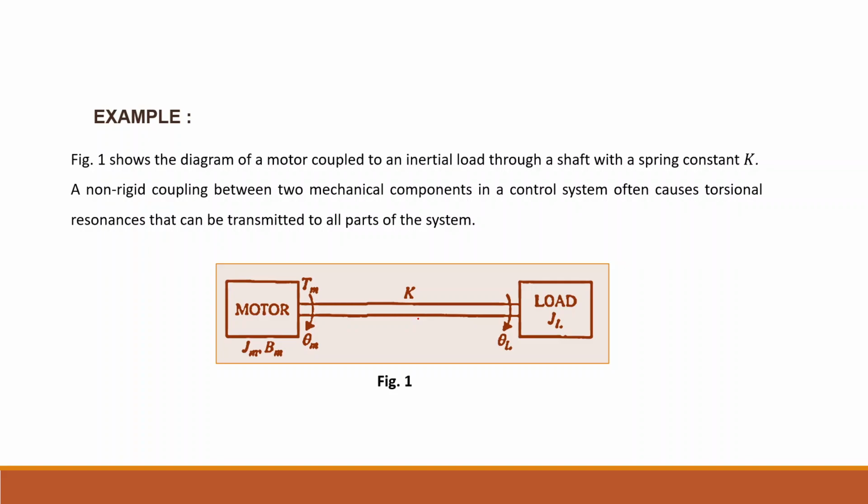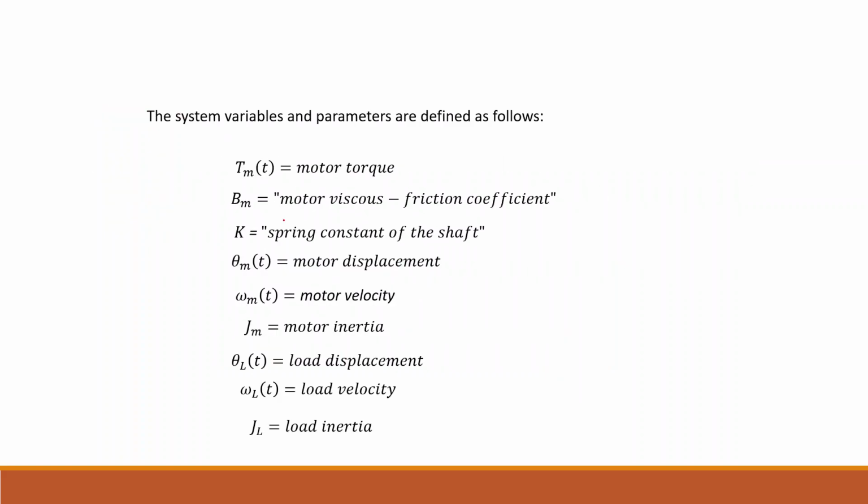This is an example of a motor coupled to an inertial load through a shaft with a spring constant k. Non-rigid coupling is being made between the two mechanical components. So it often causes torsional resonances that can be transmitted to all parts of the system. How does that happen?